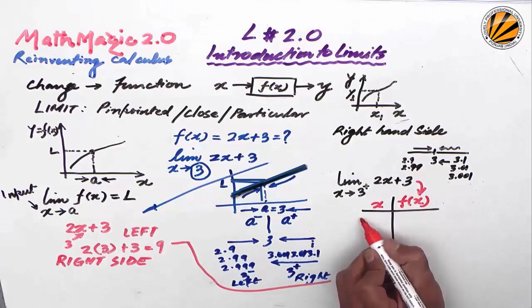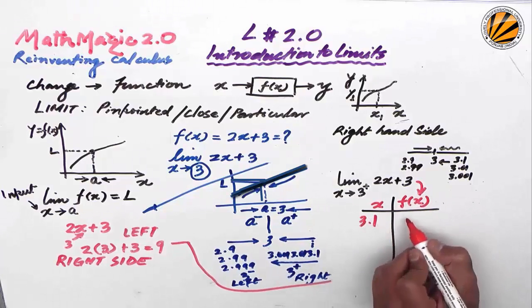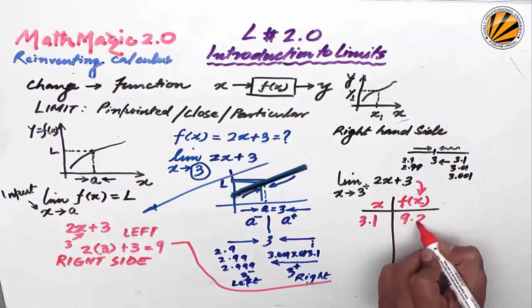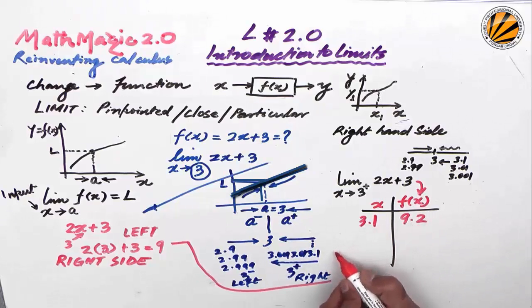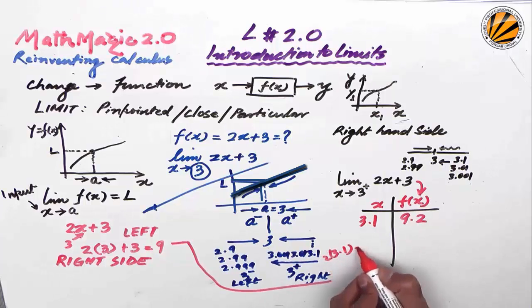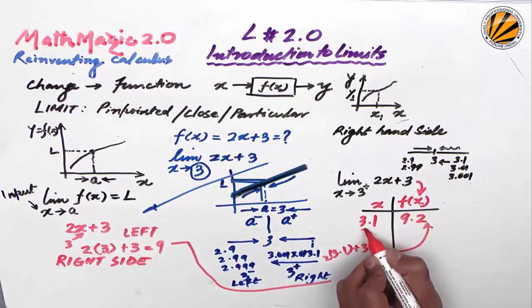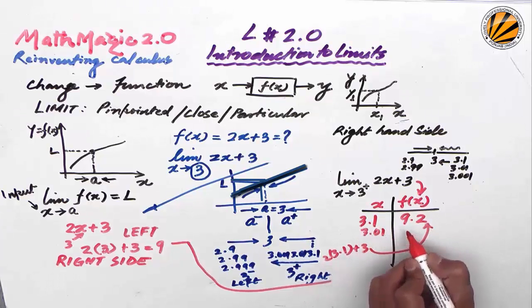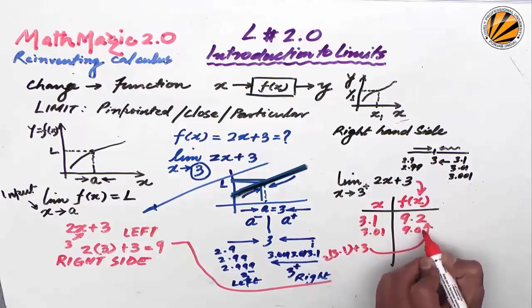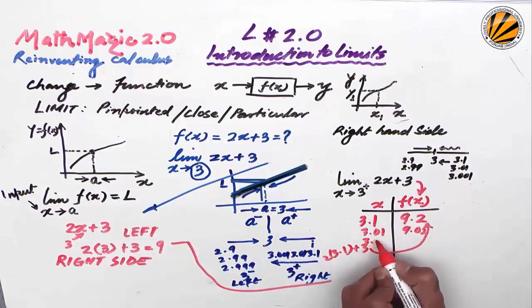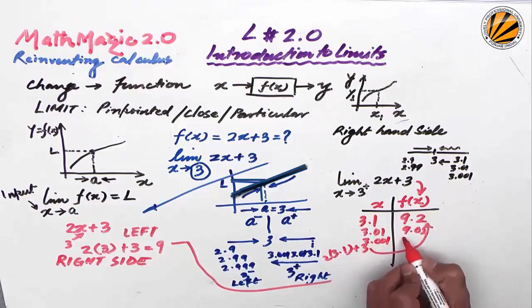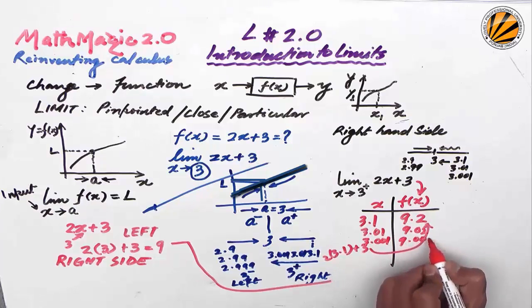If it is 3.1, the output would be 9.2. If you substitute 3.1 into 2 plus 3, it will give you this output. The closer would be 3.01 and it is 9.02. If it is 3.001, the output is 9.002.